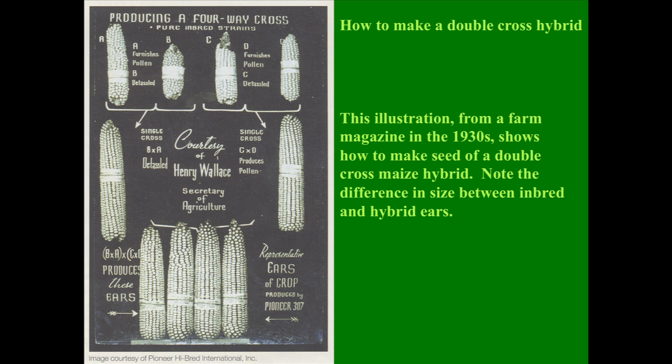And then when he combined those progeny in a four-way cross, he retains much of the yield increase to support the production method of hybrid corn. So it was the introduction by Henry Wallace for the production of the dihybrid cross that made hybrid maize commercially viable in the United States.